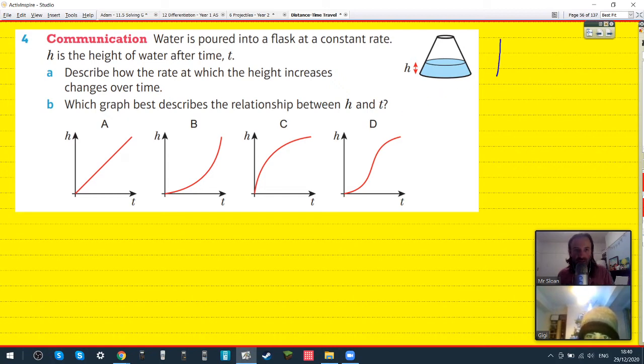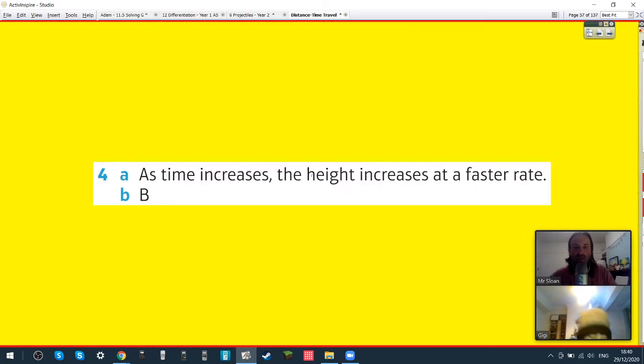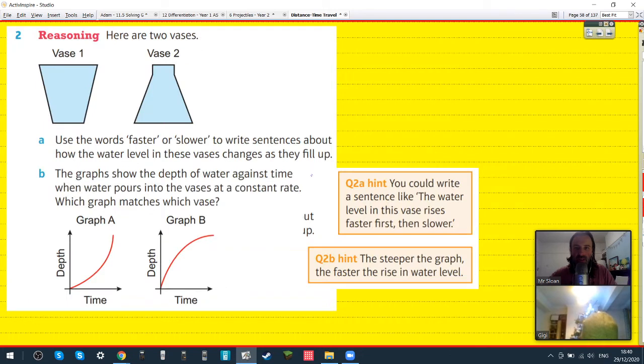Same rate would just be a vase like that. The speed would increase because there's less to fill up. Down here, it takes a long time for the height to increase because there's a lot to fill. Oh, yeah, I understand. B would best describe. Yeah, as time increases, the height increases at a faster rate. So it's accelerating.